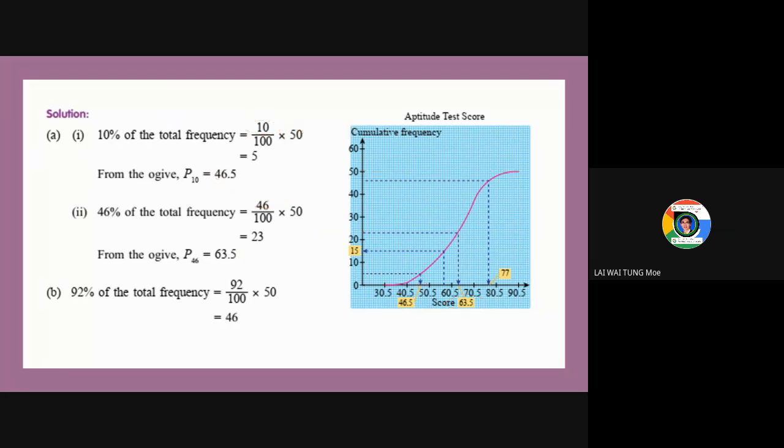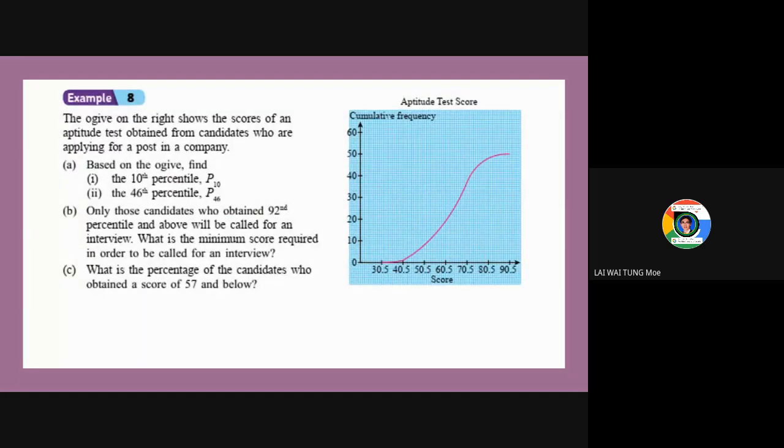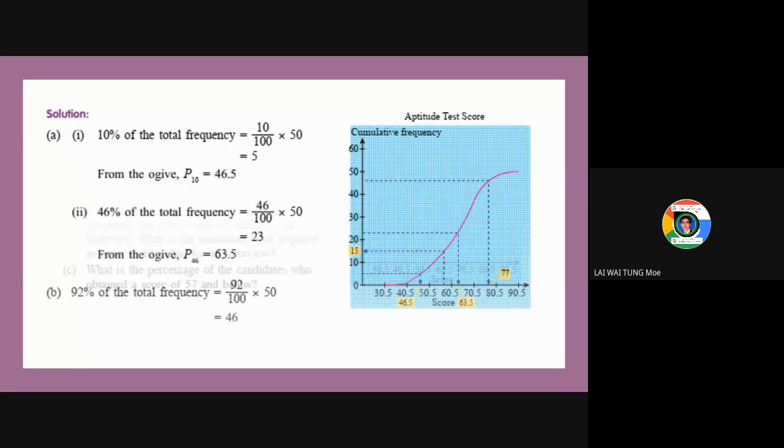Next is the question for B. Only those candidates who obtain the 92nd percentile and above will be called for an interview. So we need to find out what the value for the 92nd percentile is first. Just as in question A, find the 92nd percentile: 92 over 100 times 50, you get 46. From your graph, where is your 46?